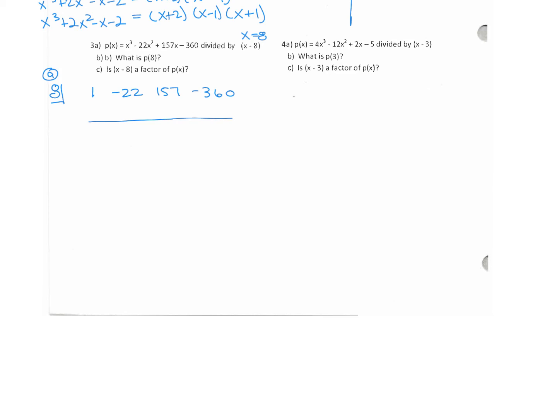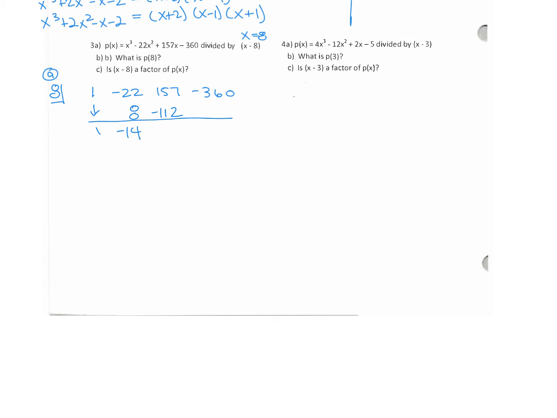So I'm going to bring down my 1, and 8 times 1 is positive 8. Positive 8 and negative 22, I get a negative 14. Subtract them and keep the sign of the larger. And then 8 times negative 14, and I would get a negative 112.